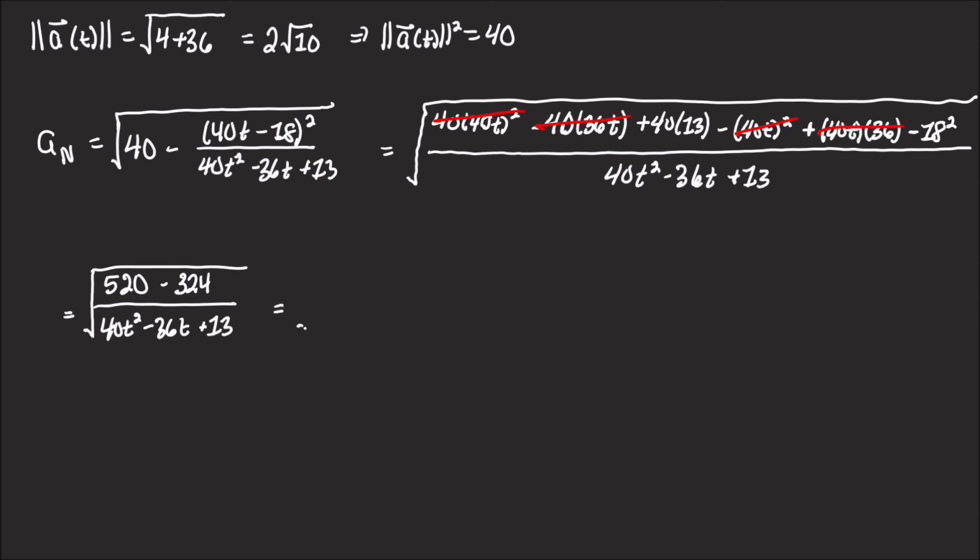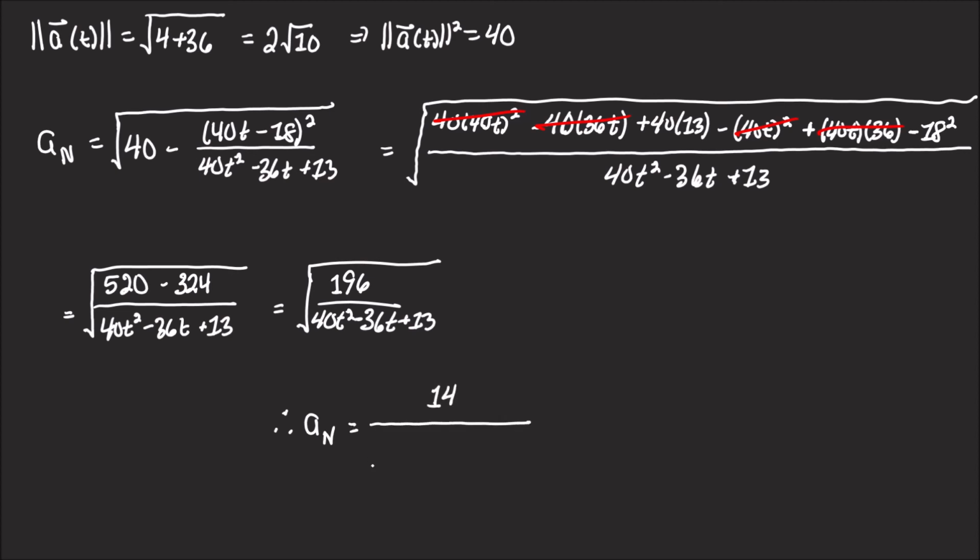So we have the square root of 196 over that. And the square root of 196 is 14, so therefore our normal component of acceleration is 14 over the square root of 40t squared minus 36t plus 13.